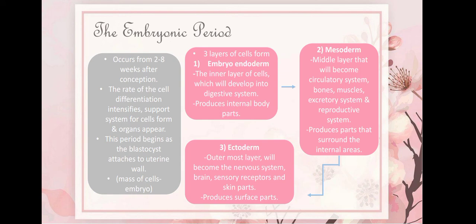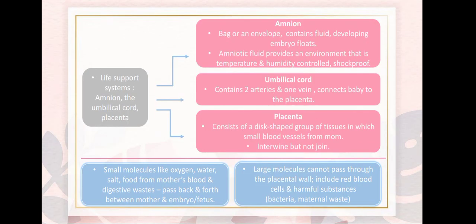So that is the embryonic stage. Later on we will see the picture of what the embryo looks like. Okay, next is the life support system: the amnion, the umbilical cord, and the placenta. So what is the amnion? A bag or envelope containing fluid for the developing embryo.